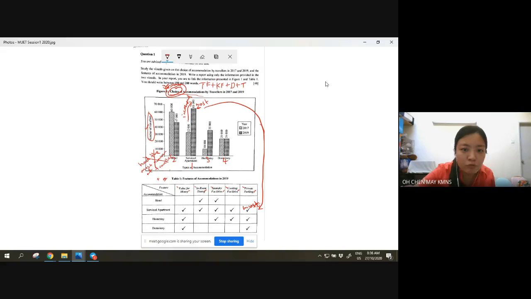Okay, so remember, don't write service apartment had the most number because of this trap over here. So be very careful of the question, okay? So don't write service apartment had. You better use the side here, the number of travelers who chose service apartment. Use the rubrics from the side here.